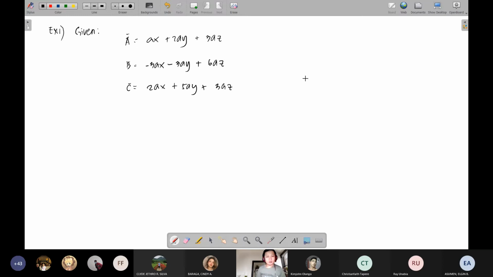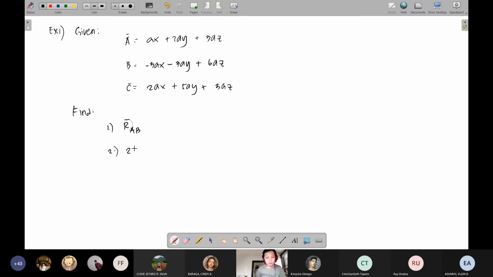Okay, so find first, one lang. First, find the vector distance from A to B. Okay. Then, second, find the dot product of A and B. Then, yeah. Yun ang dot product.